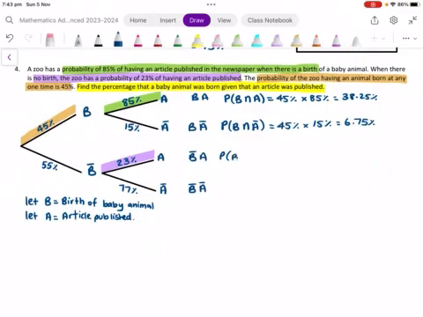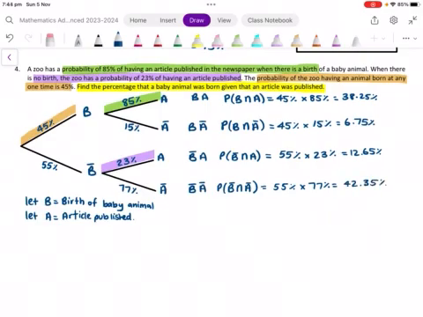The probability of no baby animal and an article being published is 55% times 23%, which is 12.65%. And the probability of no baby animal and no article is equal to 55% times 77%, which is equal to 42.35%.